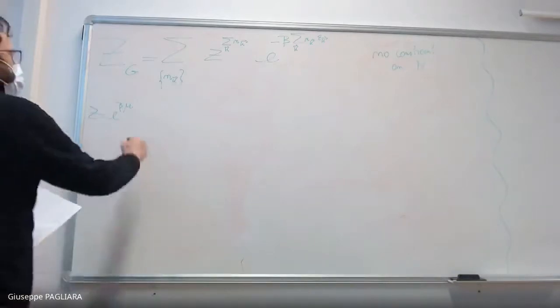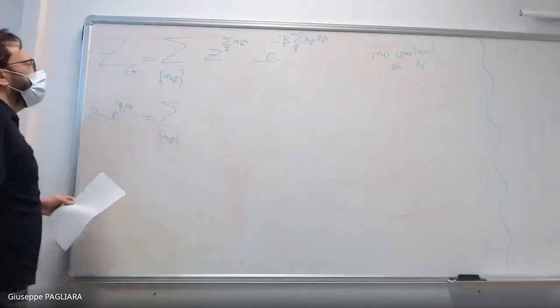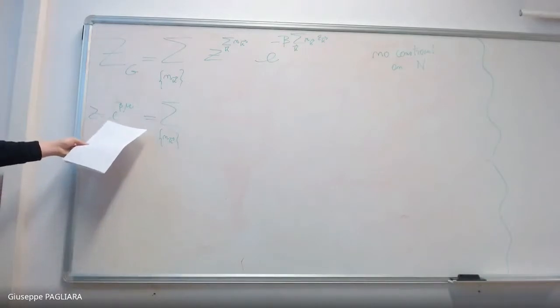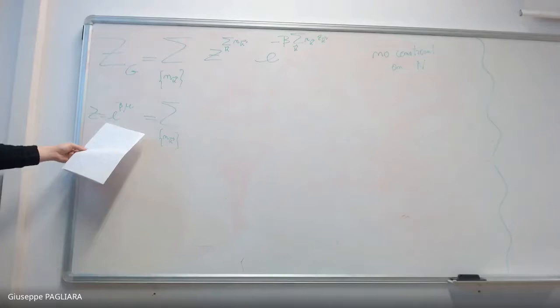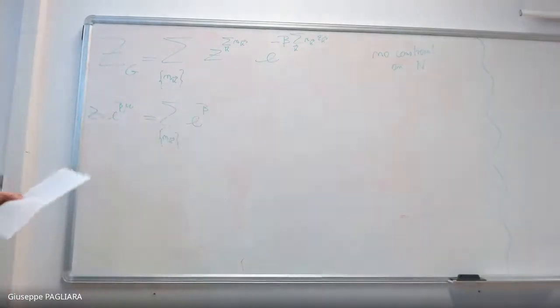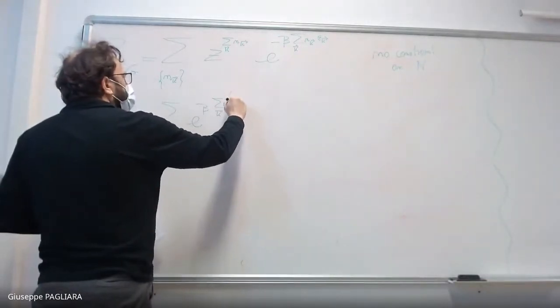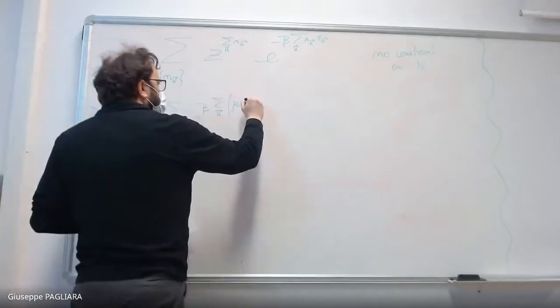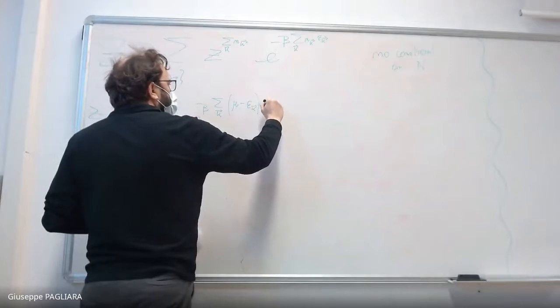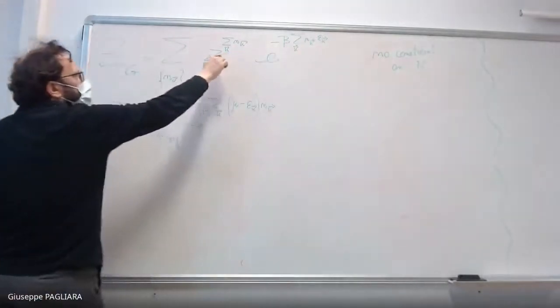Okay, so let me write it in a slightly different way. You have the sum over nk, and by using the definition of the fugacity, I have e to the beta, and then this beta has to multiply the sum over k of mu minus epsilon k times nk, where I'm collecting the terms in nk.